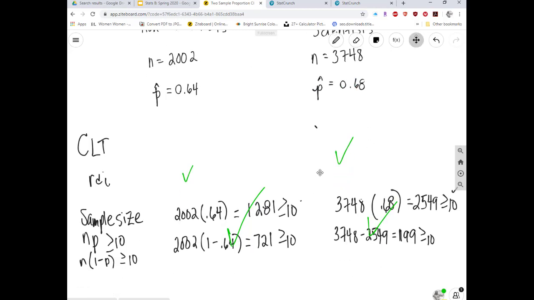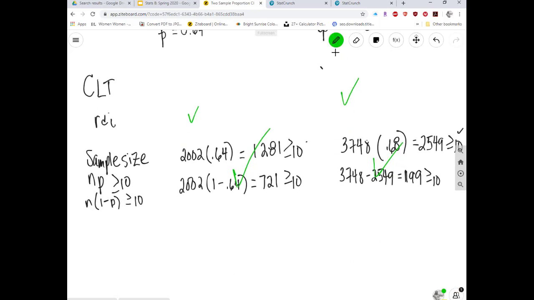Next, I need my population size. Okay, we're talking about Americans. So I need my population to be greater than or equal to 10 times my sample size.